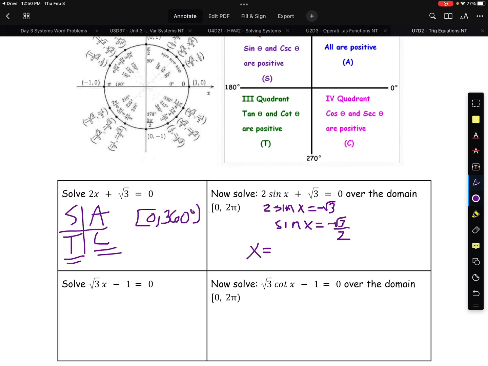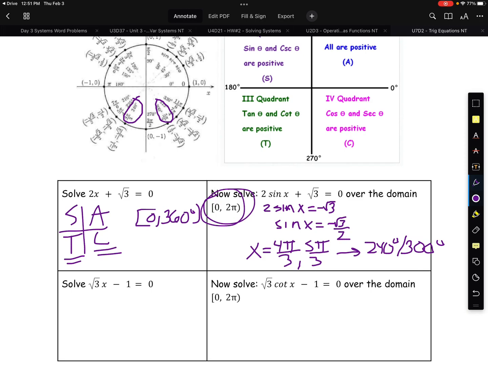We're talking about 60 degrees, but we're in the third and fourth quadrant. So if we look at our unit circle, we're talking about 240 and 300. Those are degree answers, but since we're talking in terms of radians, 4 pi over 3 and 5 pi over 3, which are the same answers as 240 degrees and 300 degrees. It just depends on what the domain of the problem actually is.